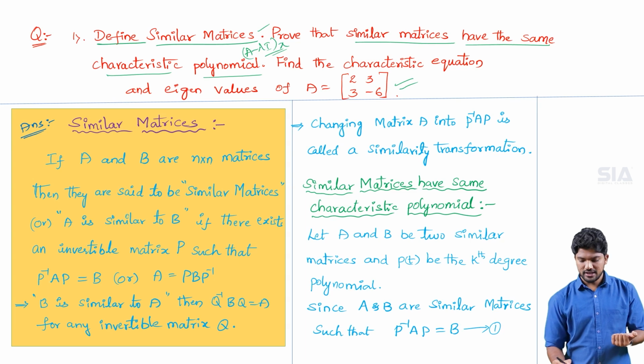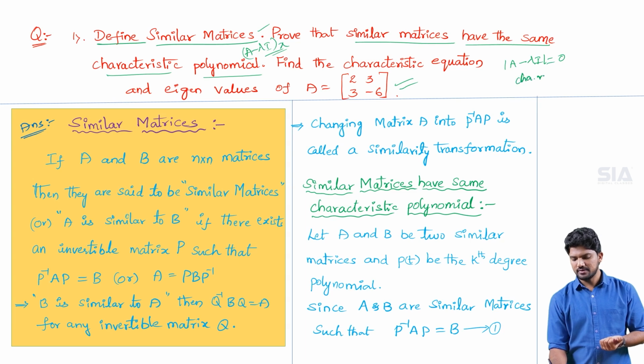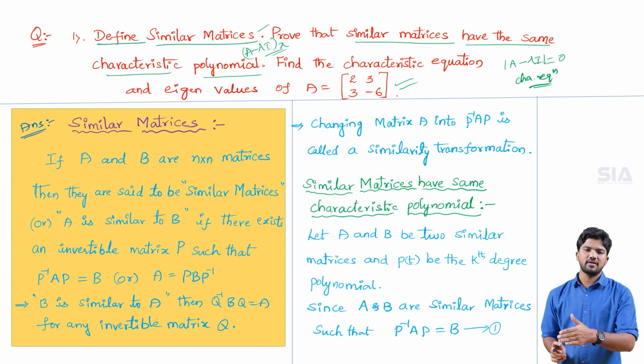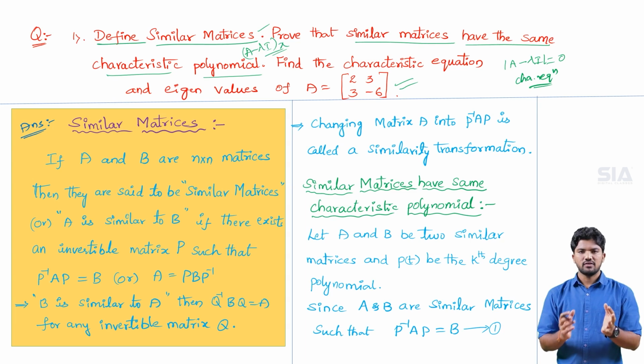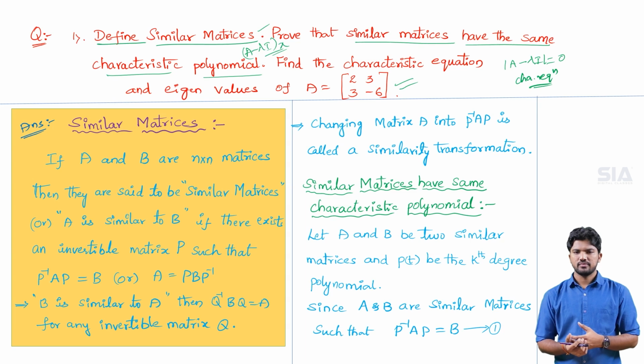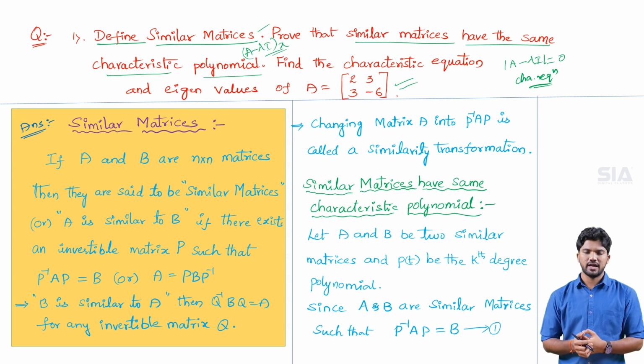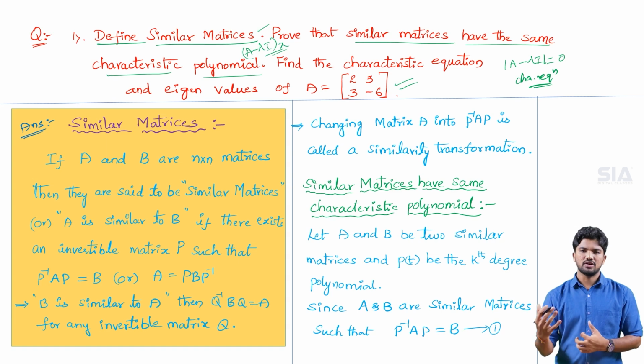The characteristic equation is whenever you apply det(A - λI) = 0, that is called a characteristic equation. The difference between the characteristic equation and the characteristic polynomial is, for a polynomial we cannot make that value equal to 0, but for the characteristic equation we can make the determinant value equal to 0: |A - λI| = 0.